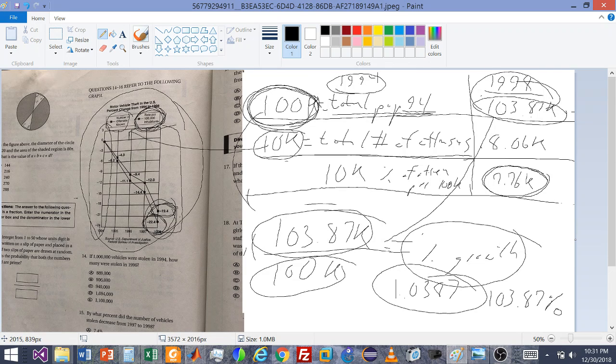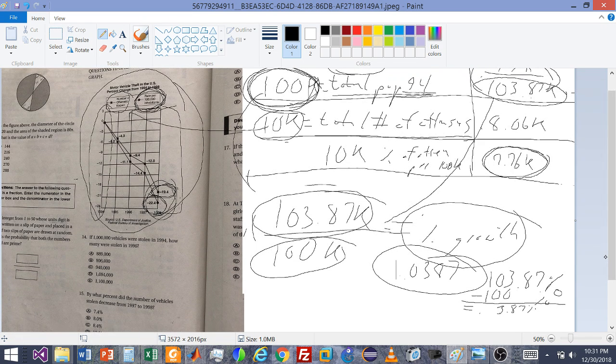Well, to find out how much percent increase, instead of adding 100% like previously, we subtract 100%. So all of that finally will equal 3.87%. Finally, that's your growth. And now you can round that to one of the closest answers.